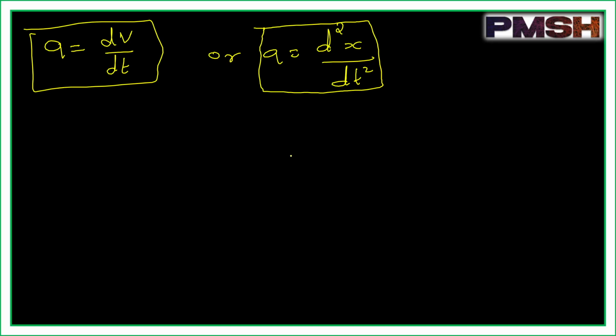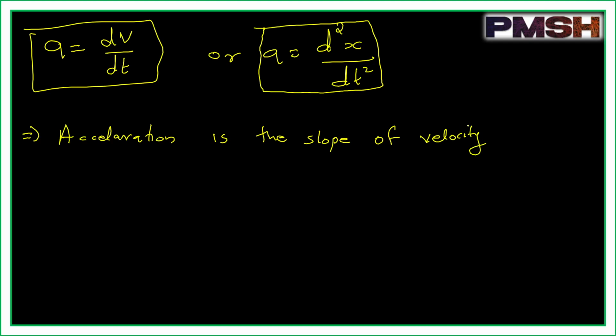So from here, we can conclude acceleration is the slope of the velocity time graph.